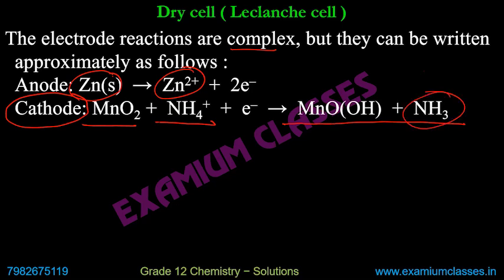Now, one very important question appears, which I will be talking about later. If ammonia gas is evolved here, why doesn't the battery burst? Due to pressure of ammonia, it should burst, but it does not happen. There is an answer for that, I will be talking about later.